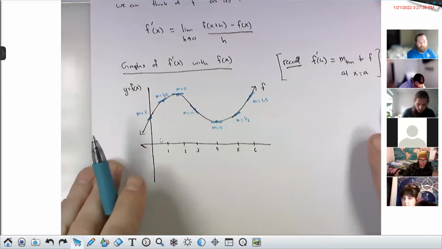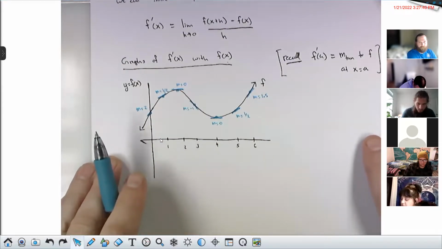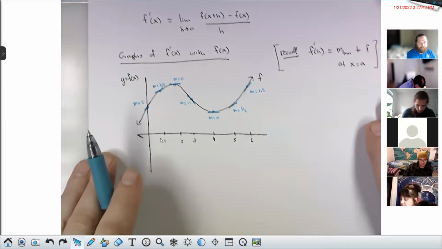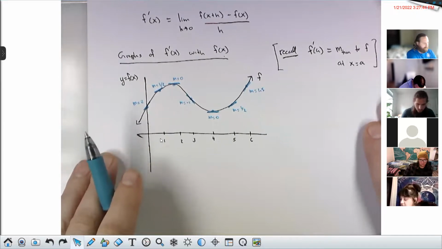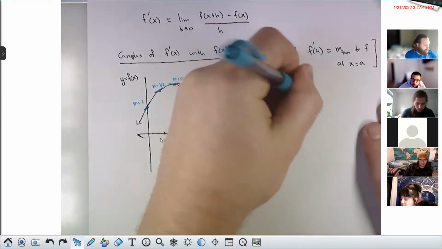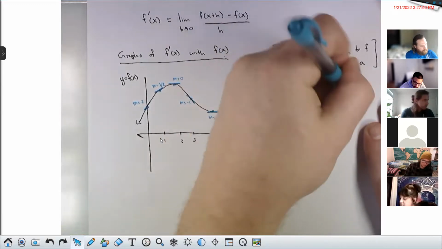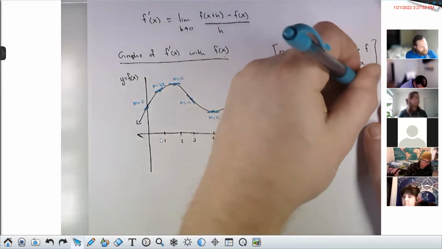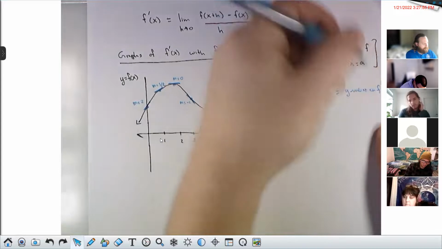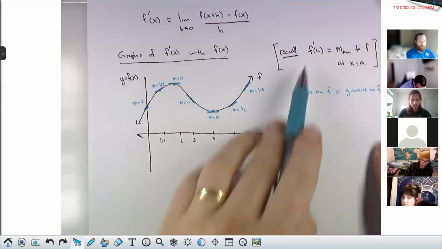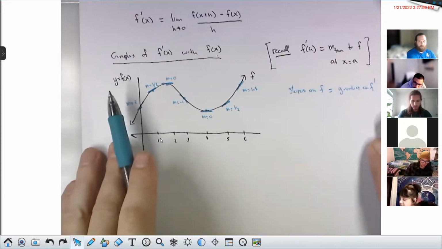All right. So slopes on f are y values on f prime. This and this say the same thing.